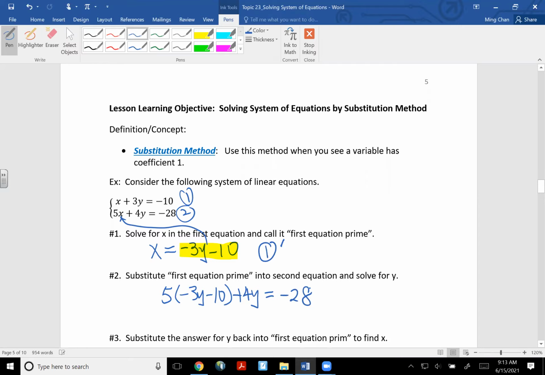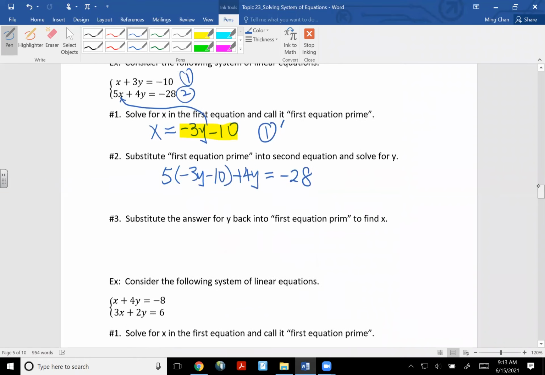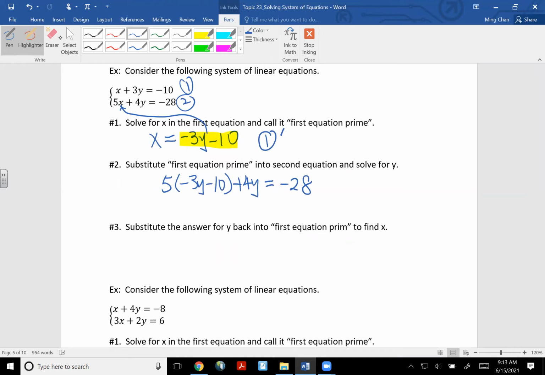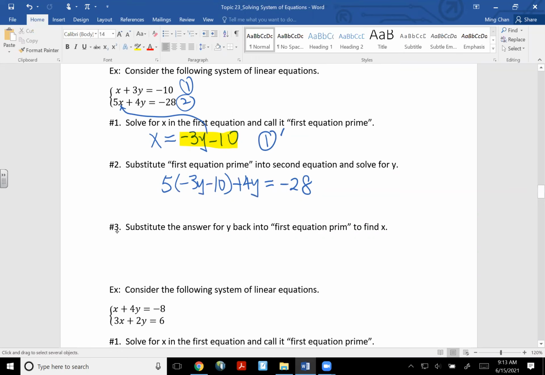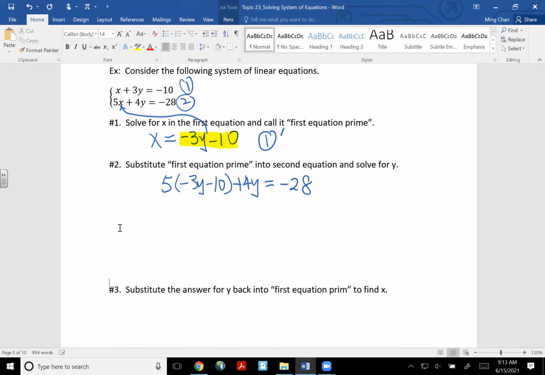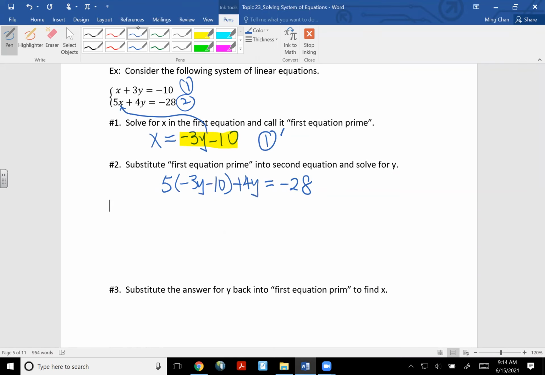Now I'm going to solve for y. I'm going to give myself a little more space here. All right, to solve for y, we will distribute.